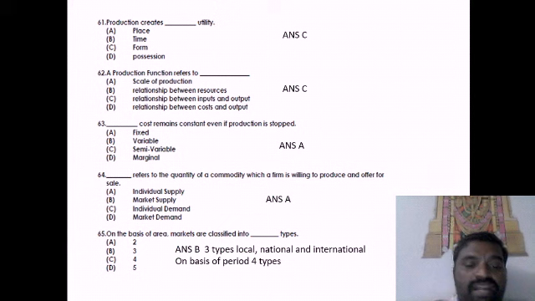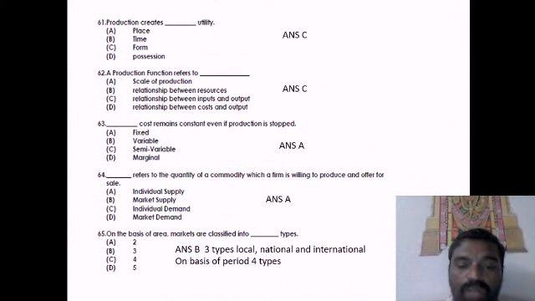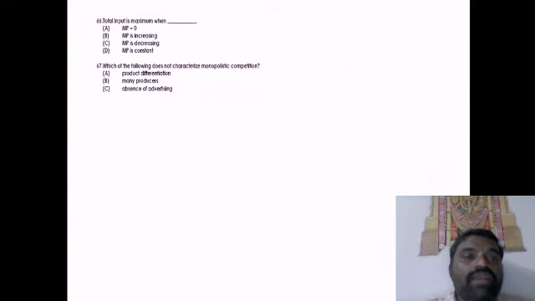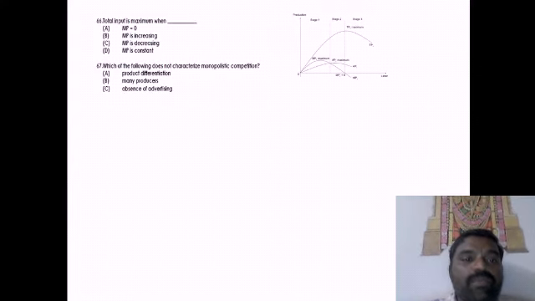On the basis of the area, markets are classified into, answer is B, three types: local market, national market and international market. Whereas on the basis of the period, it is divided into four types, that is very short term, short term, long term, very long term markets. And total output is maximum.